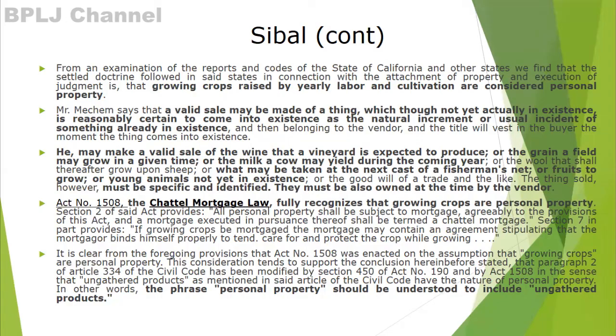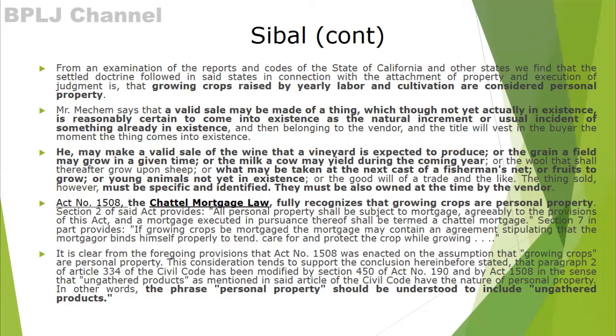Or the grain a field may grow in a given time, or the milk a cow may yield during the coming year, or what may be taken at the next cast of a fisherman's net, or young animals not yet in existence. However, they must be owned at that time by the vendor.